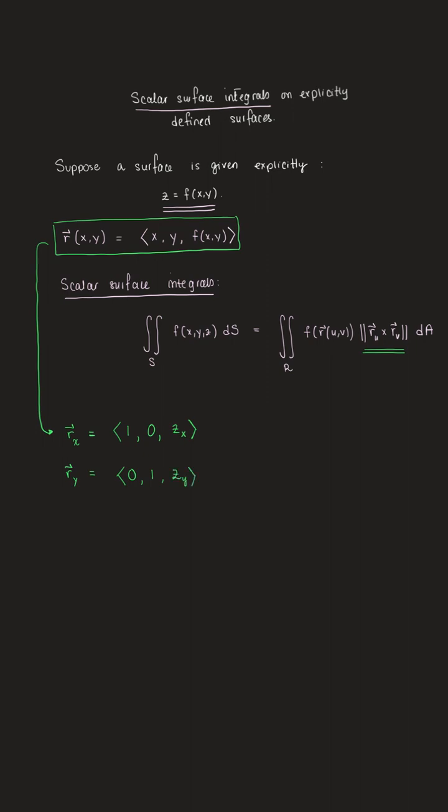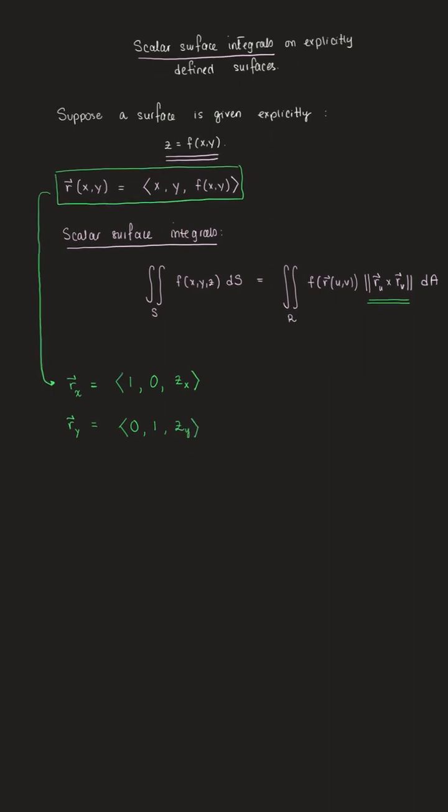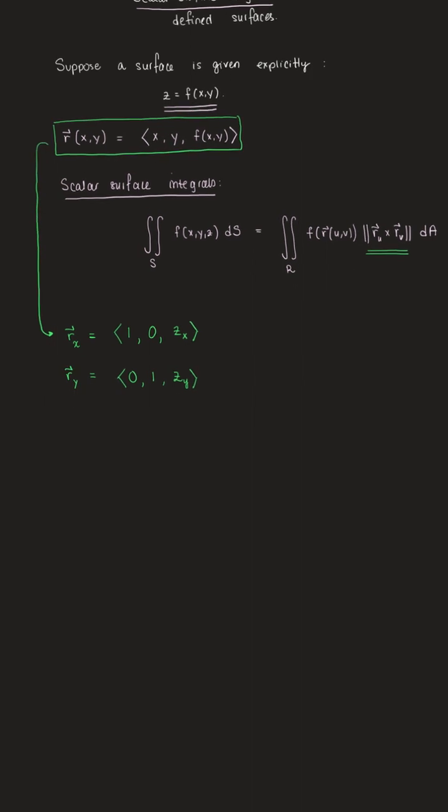Now let's go ahead and find the cross product of the partial with respect to x crossed with the partial with respect to y. And then we'll find its magnitude, and hopefully we can come up with a formula to evaluate scalar surface integrals for explicitly defined functions.